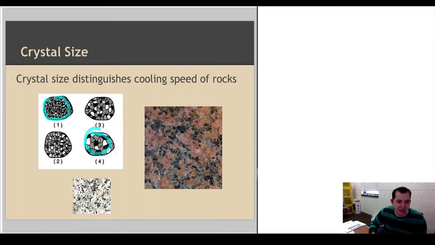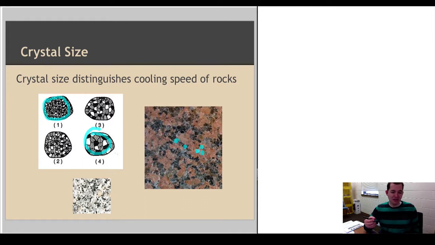Okay, and that's a major distinction between igneous rocks. Some have very small crystals, even no crystals, depending on how quickly they cool, and some have large crystals. So we've got a few examples. We can see here each of these points is a crystal, and often we can see different colors as crystal sizes. So those igneous rocks are made up of a bunch of crystals, and that's magma or lava that has cooled.